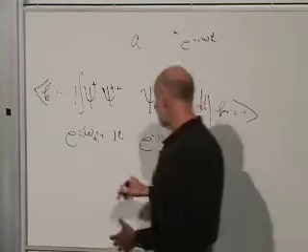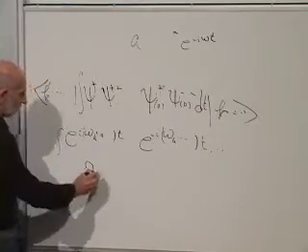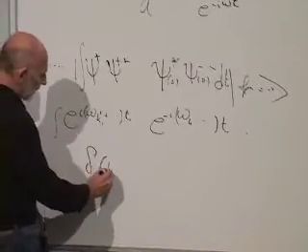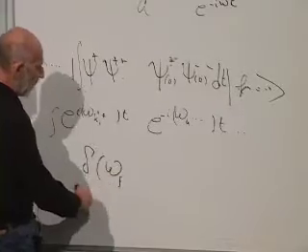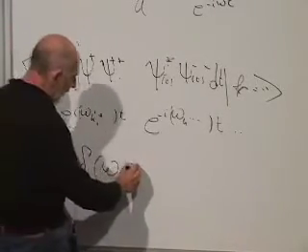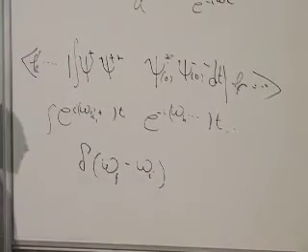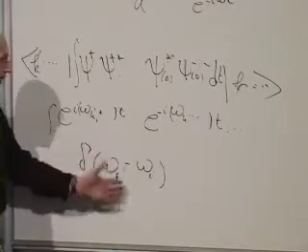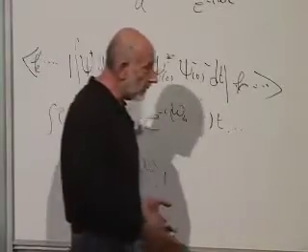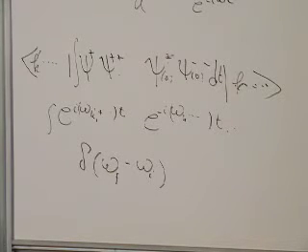That is a Dirac delta function of omega final, the sum of all the outgoing energies minus the sum of all the incoming energies. In other words, the answer is 0 unless the incoming energies are equal to the outgoing energies. And this was just a consequence of saying that the process could happen with equal probability at any time.